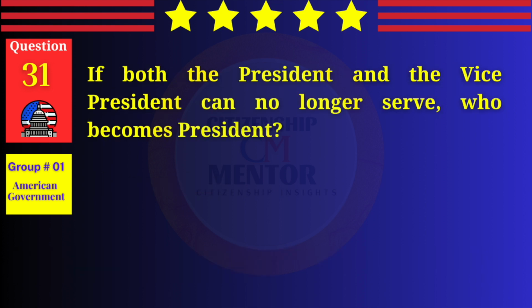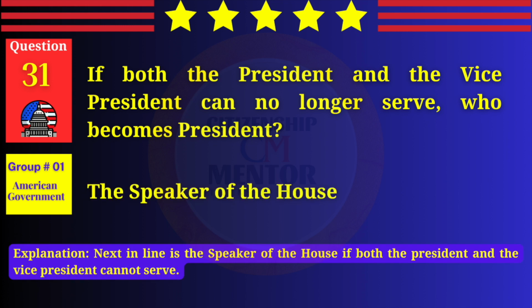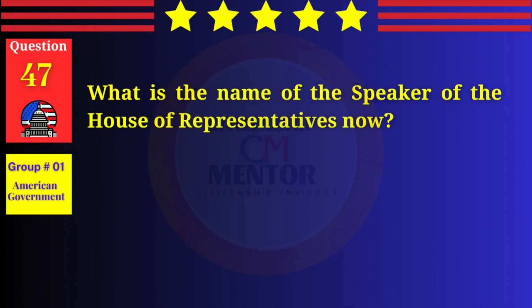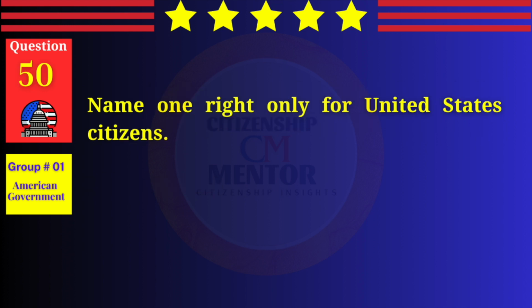If both the president and the vice president can no longer serve, who becomes president? The Speaker of the House. What is the name of the Speaker of the House of Representatives now? Mike Johnson. Name one right only for United States citizens.